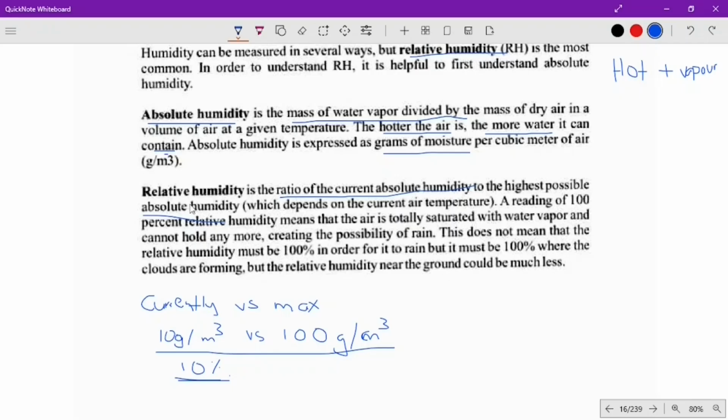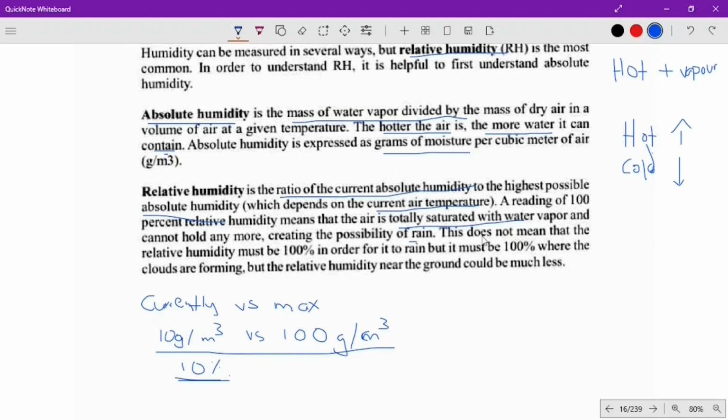This relative humidity depends on the current air temperature, which means if it's hot, then relative humidity is high. If it's cold, then relative humidity is low. A reading of 100% humidity means that the air is totally saturated with water vapor and cannot hold any more water vapor, creating the possibility of rain.